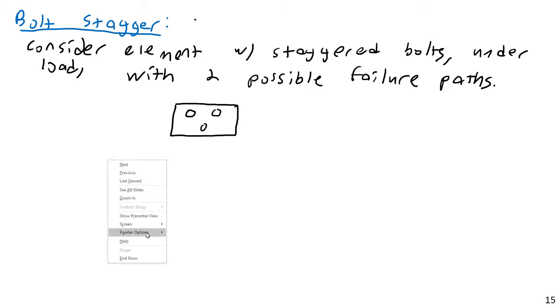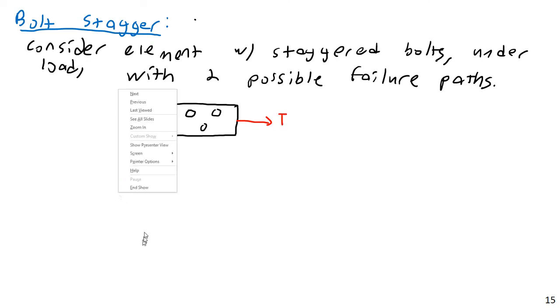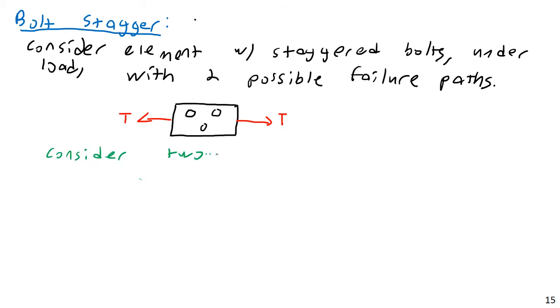I'm going to apply a tension load T to this. So I want to consider two possible failure paths.